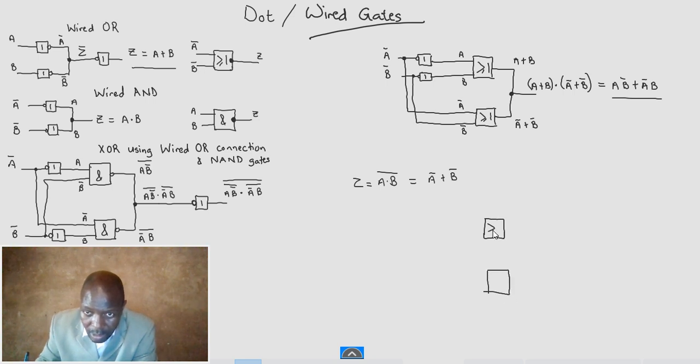And I can say, if I invert the inputs to an OR gate, I'm as good as having a what?